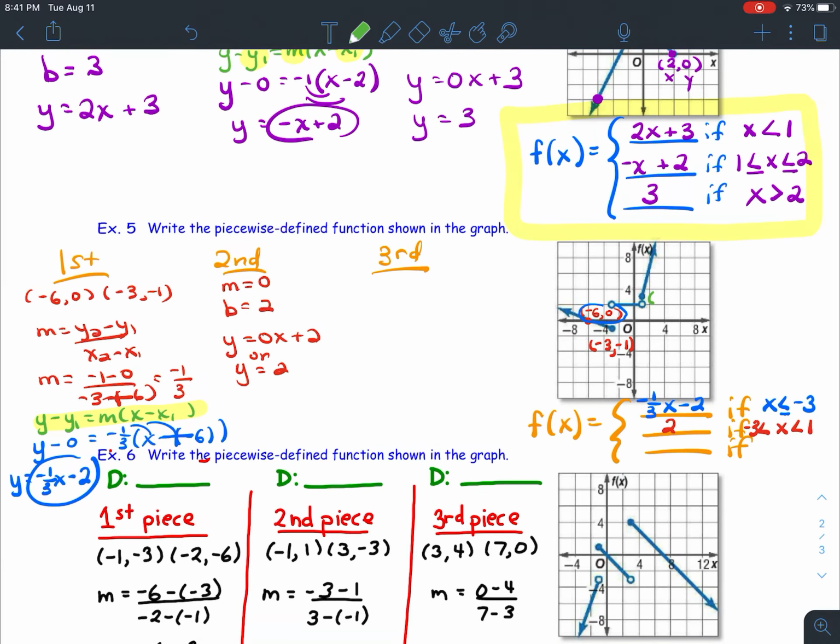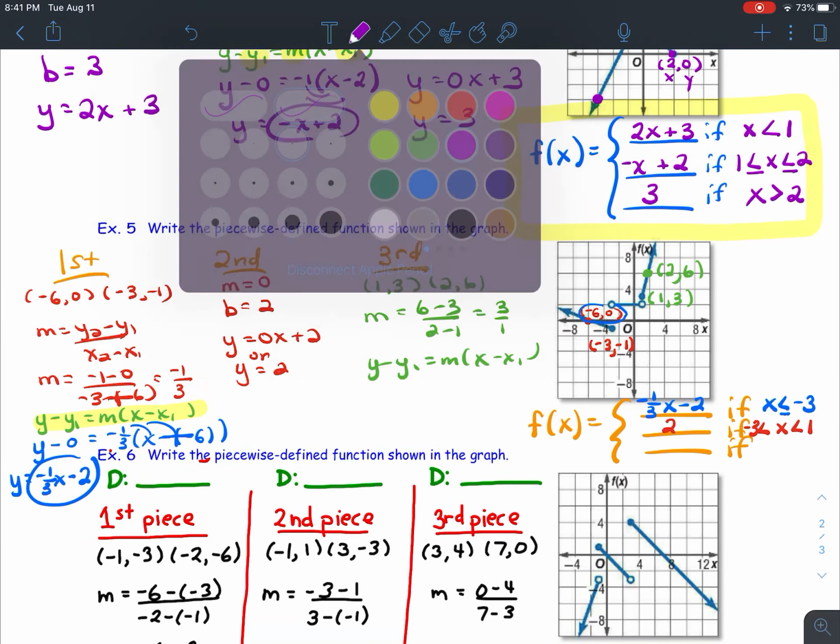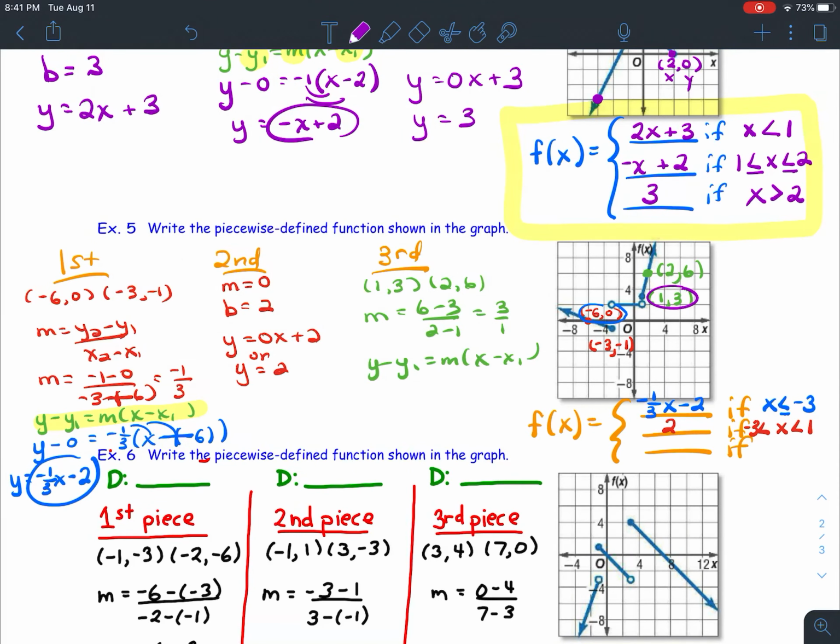This one also is not touching the y-axis, so we're going to need to identify 2 points here, do our slope, and do another one of these point slope forms here. Okay, looks like the end point of this last ray is at 1, 3. Here's another point, looks like that's maybe 2, 6. I'm going to take these 2 points, plug them into the slope formula to get the slope first.